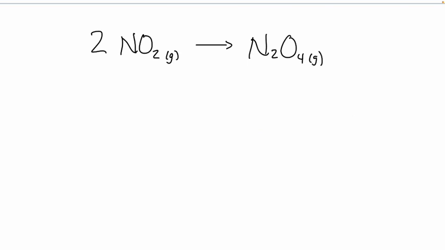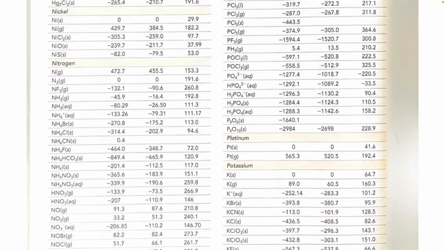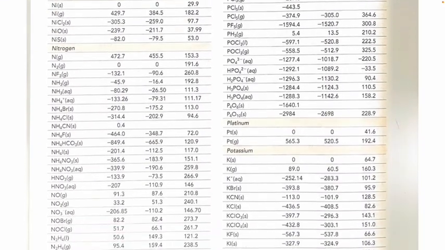Two nitrogen dioxides forming dinitrogen tetraoxide. Let's go to our table and grab these values. They're going to be listed under nitrogen.